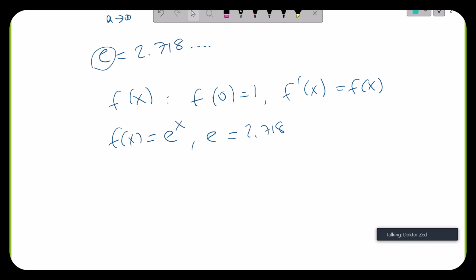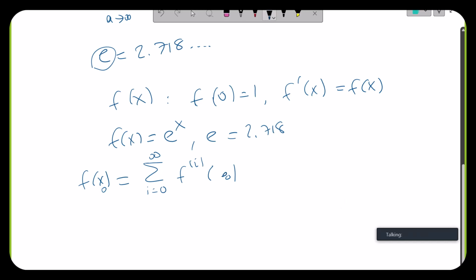Basically, you can always write f of x at some x0 as the sum from i equals 0 to infinity of f superscript i at 0, where f superscript i means the ith derivative, times x0 raised to the power i divided by i factorial.